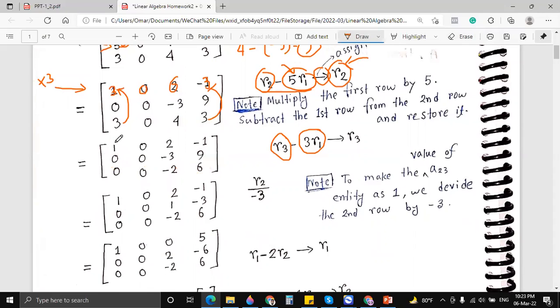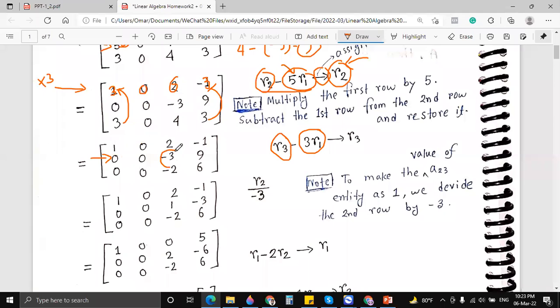So this way we get all the values below this first pivot point as 0. Now let's go to the second row. In the second row, our pivot point is here.